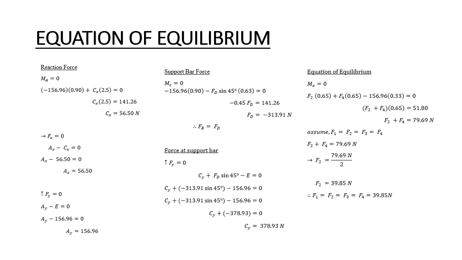So we can get F2 is equal to 79.69 Newton divided by 2, so that F2 is equal to 39.85. As I said before, when the F2 value is 39.85, all the forces, which is force 1, force 2, force 3 and force 4, are the same, which is 39.85.